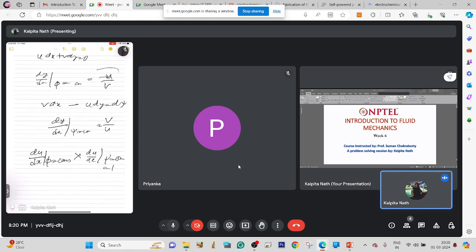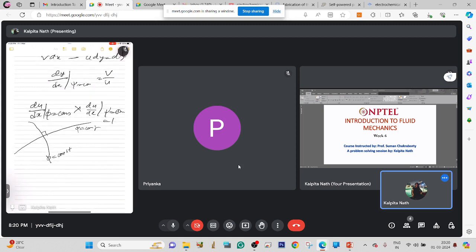So what does that mean? That means they are orthogonal to each other. If this is the equipotential line, that means the velocity potential is constant, and if this is the stream function line, that means psi is constant, the angle between them will be 90 degrees.